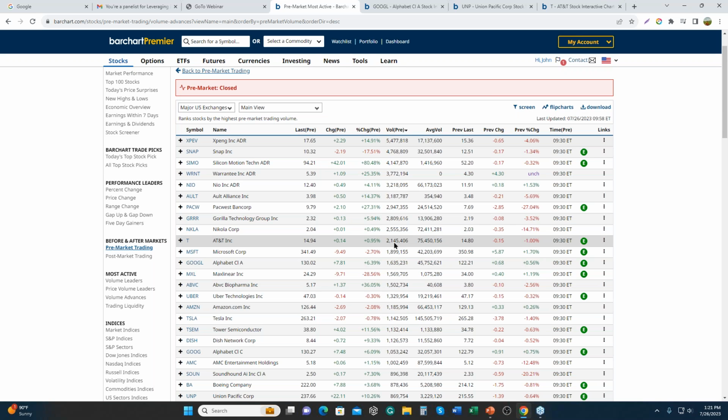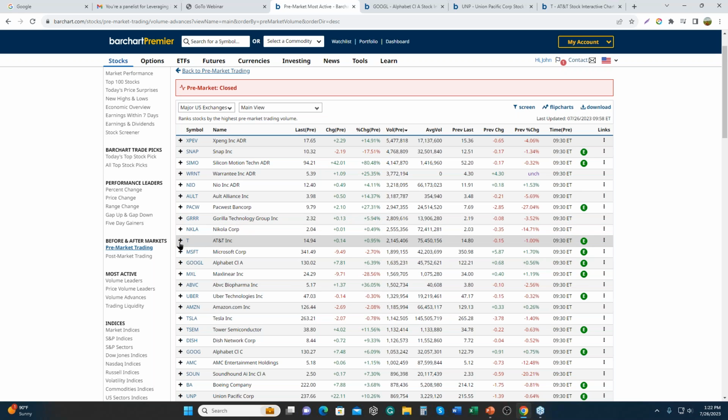Is it 10% of our average volume? No, it is not. So this is a higher probable candidate that price will revert back to the previous close as we come to the regular hours.